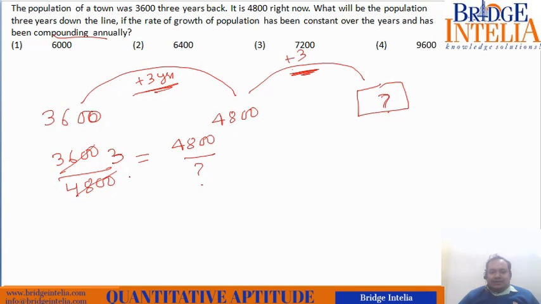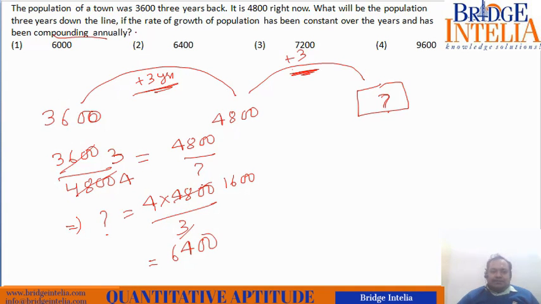So this is 3 by 4. 3 by 4. So it means the missing number is equal to 4 into 4800 divided by 3. So 16 3s are 48. So 1600 into 4 comes out to be equal to 6400. Proportionality maintained.